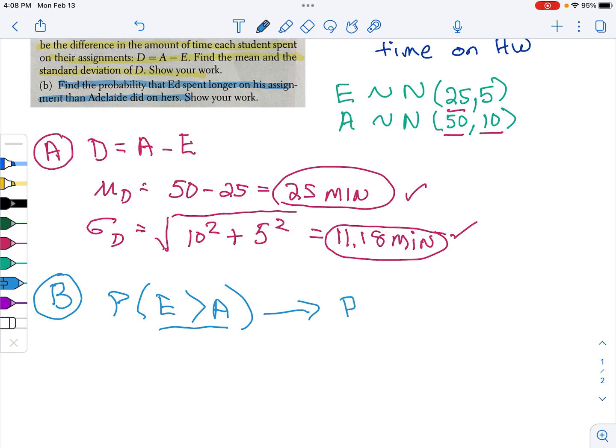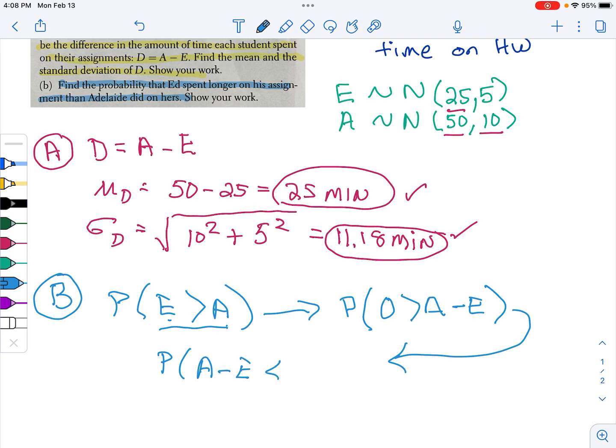So we can write that that's the probability that 0 is greater than... basically, we subtracted e from both sides. And I find it easier to rewrite it. So we want the probability that a minus e is less than 0, or the probability that D is less than 0.